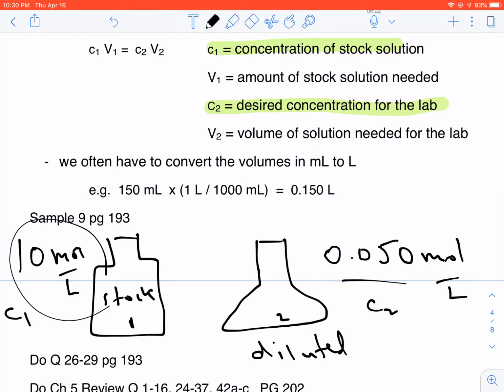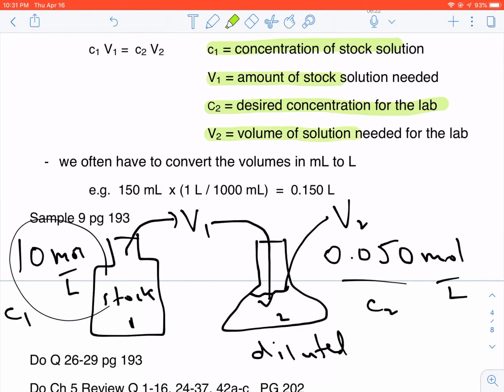Now the other part of this says, how much of this do I need to use? What volume do I need of stock 1 to move into here? And then what volume of stock 2, of diluted solution, am I going to get? Right? So V1 is the amount of stock that I'm going to use in milliliters, and V2 is the final volume of my diluted solution.